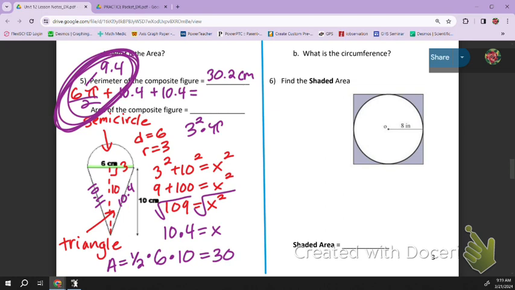So what will I do to that? Divide by 2. So in total, what do we get? 30 plus what? 30 plus 4.5 pi. We should get about 44.1.